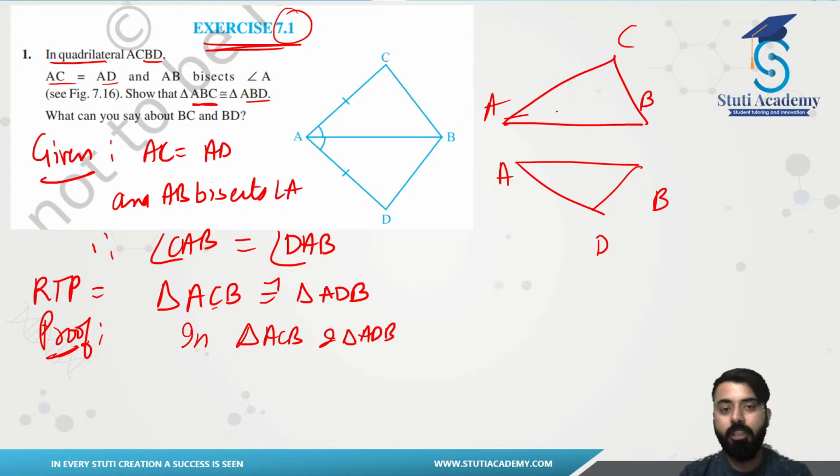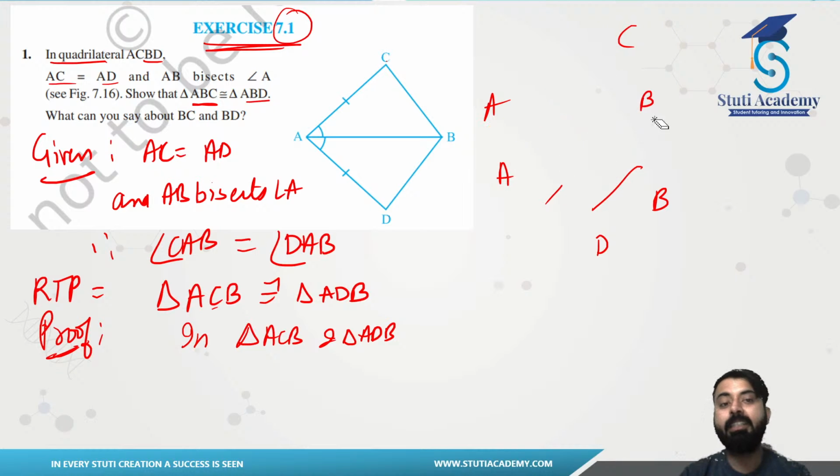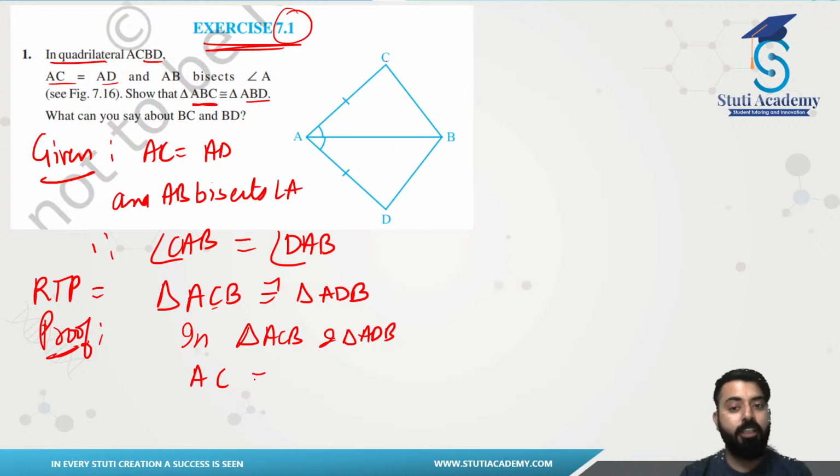Now in both cases you can see AB is common, these two angles are equal and that side is the same as that one. Now in this case we are talking about the side angle side criteria, right? Because we have a common angle and both adjacent arms equal, so we will be using the side angle side criteria.